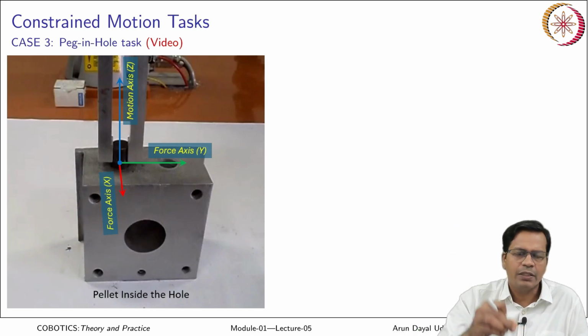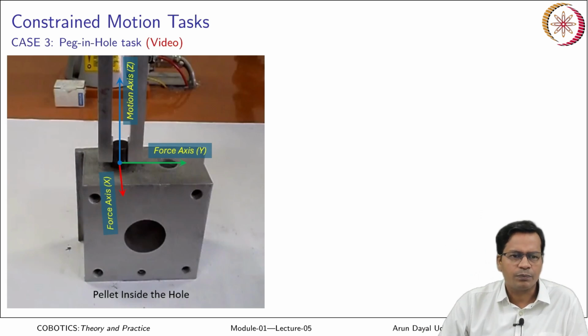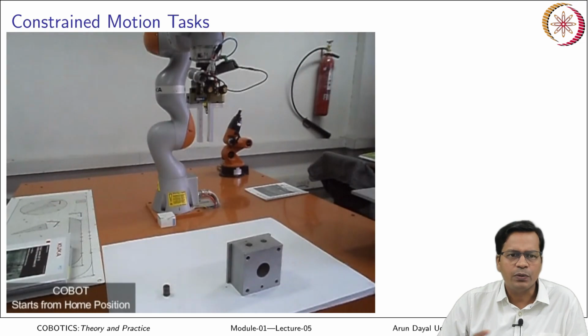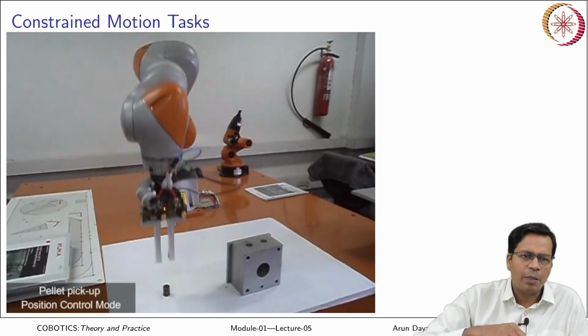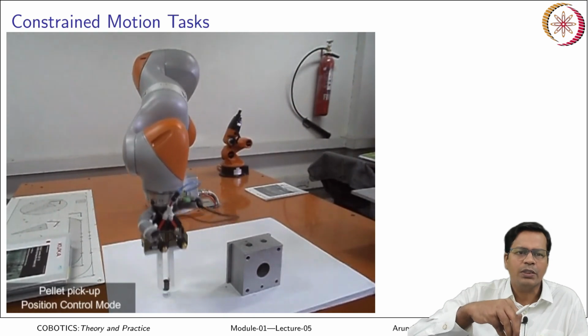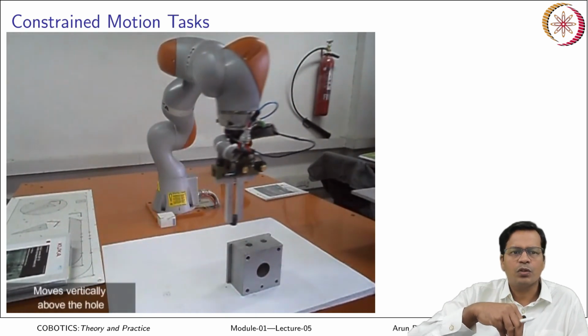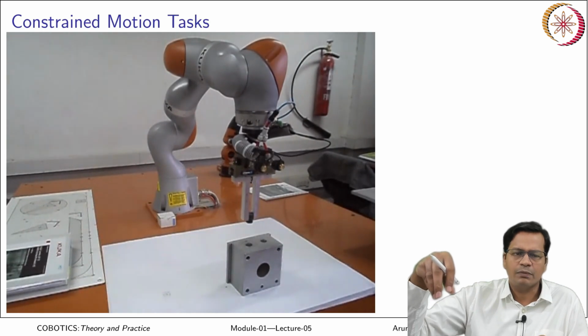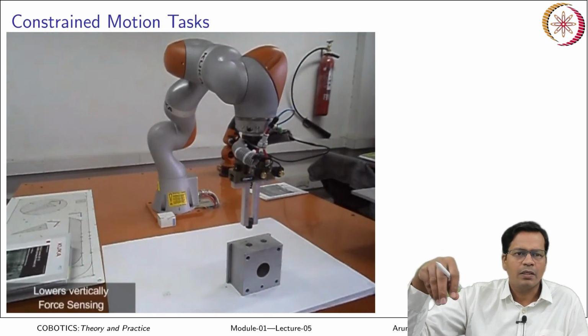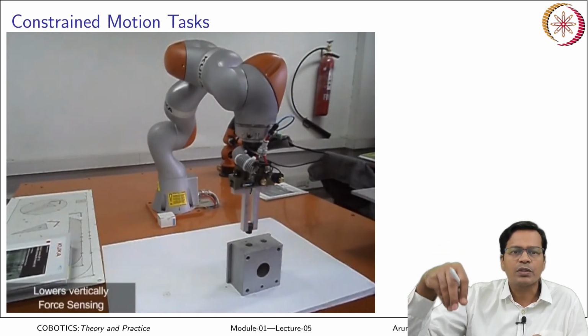Okay. The next one is a peg in a hole task, that is inserting a cylindrical pellet inside a hole which is drilled in the surface. Okay. So, how is that done? Let us again look at a small video. This is a cobot. It starts from the home position, picks up the pellet in position control mode only, okay, goes vertically above the hole using a vision system, and lowers vertically in force sensing mode.